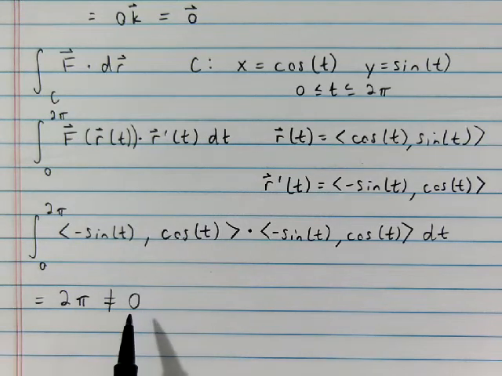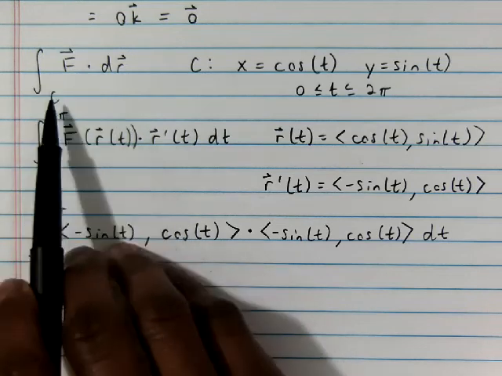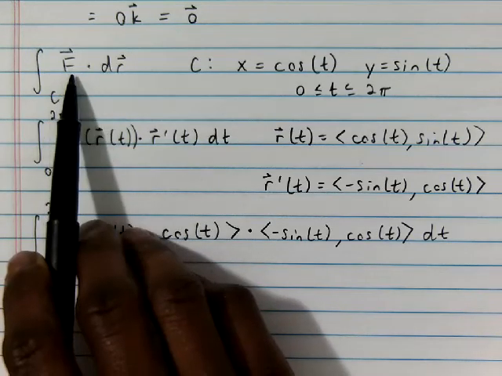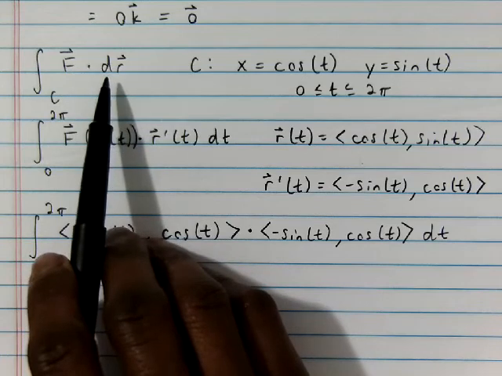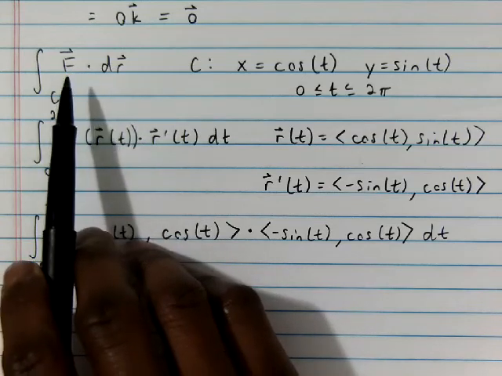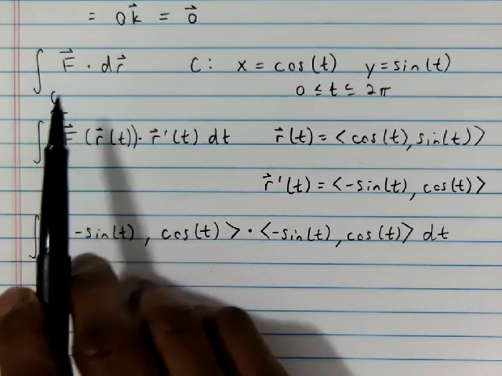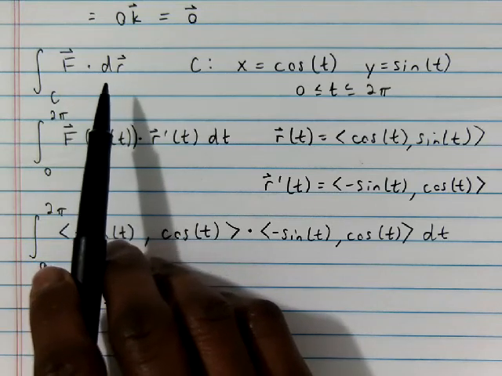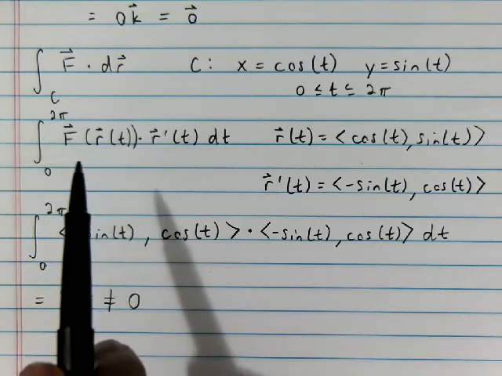So if we go back to the 4 equivalent statements we had, and this is all under certain conditions: F is conservative; the line integral over some curve C of F dot dr is independent of path; the line integral over some closed curve C of F dot dr is equal to 0; and the curl of F is equal to 0, the 0 vector.